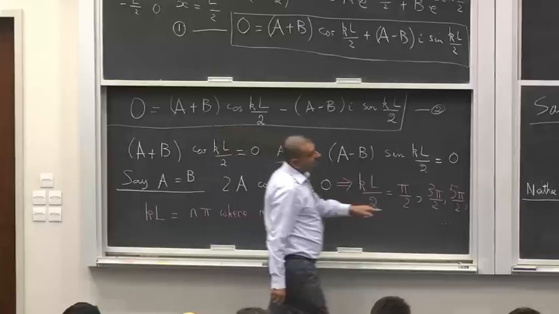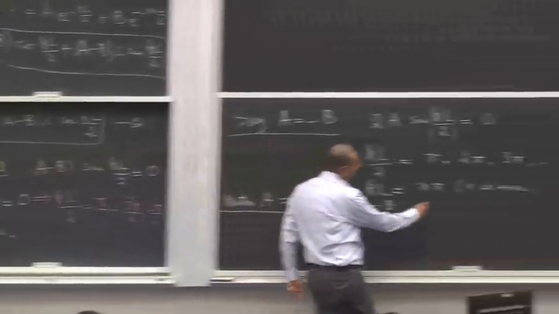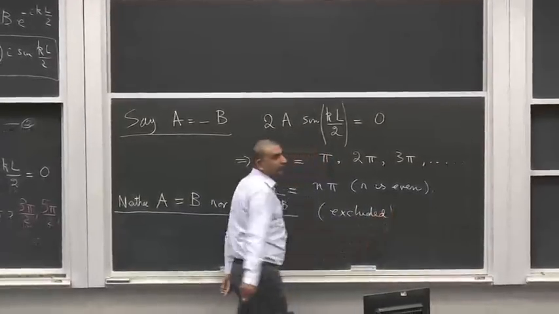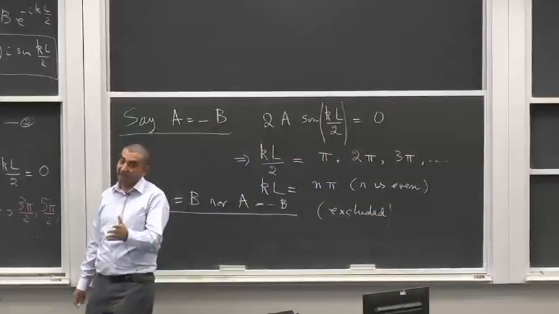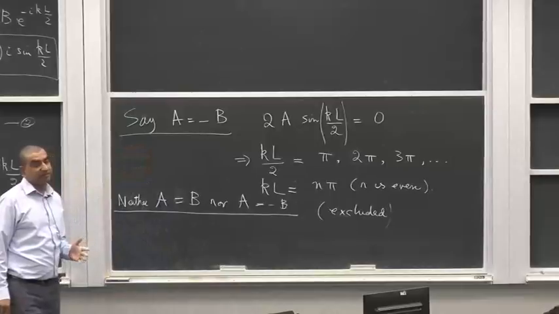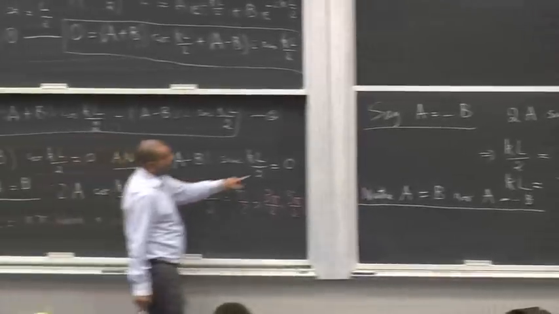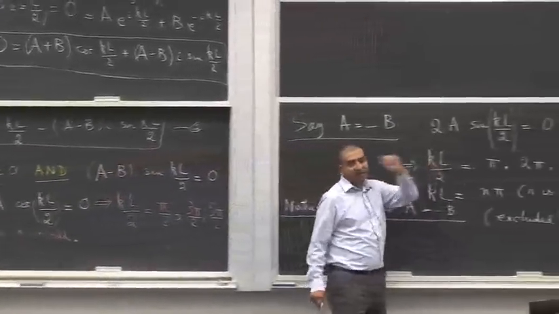So this third condition is excluded automatically. So you're only left with two possibilities. Either A equals B or A equals minus B. And if A equals B, then KL is n pi where n is odd. And if A equals minus B, then KL equals n pi where n is even.